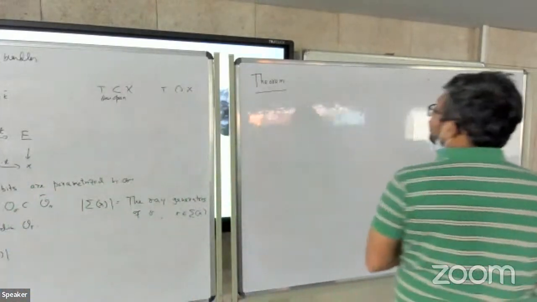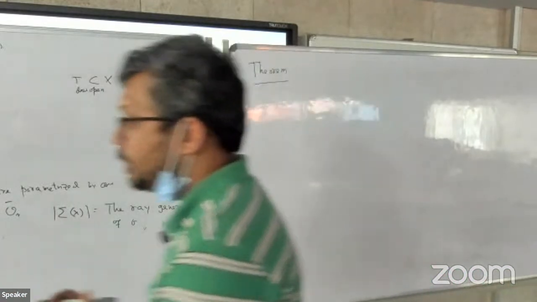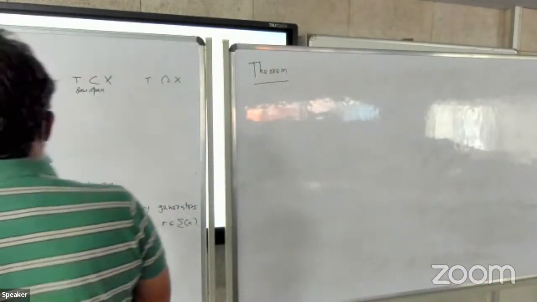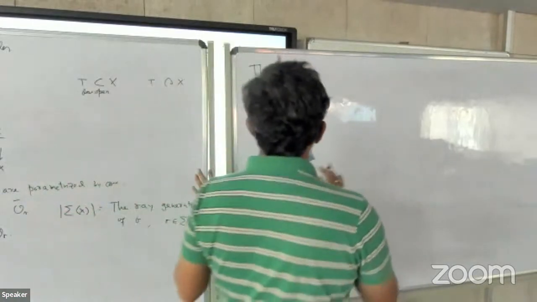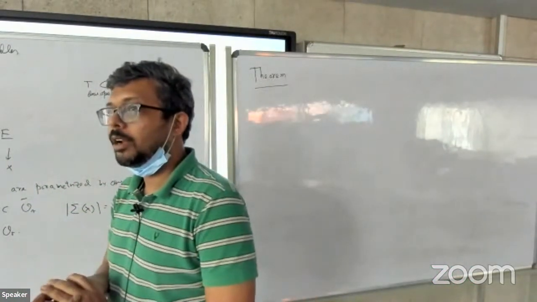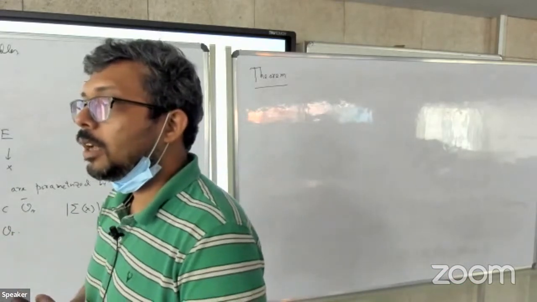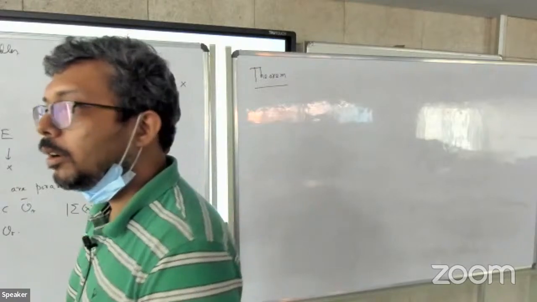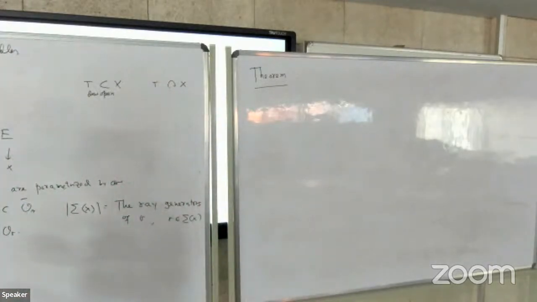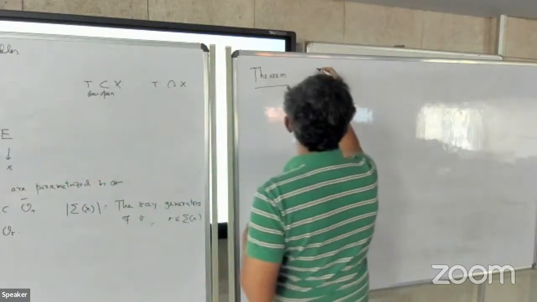This is the theorem of Klyachko. But Klyachko's theorem is very general. It is for singular toric varieties also. But let me say it for the non-singular case because I'm going to work on the tangent bundle. So for simplicity, assume X is non-singular.